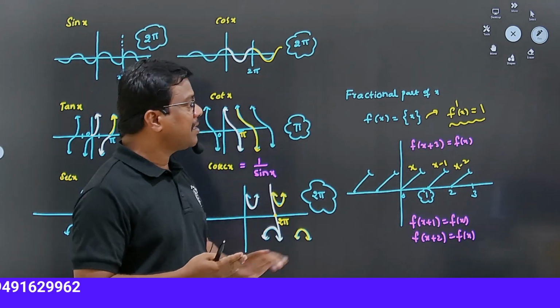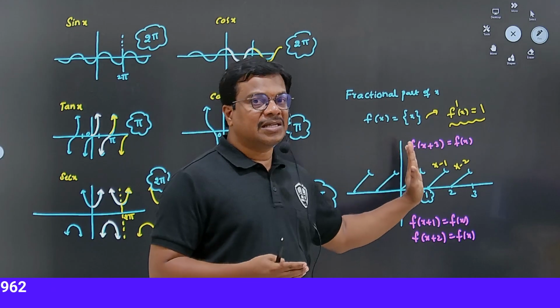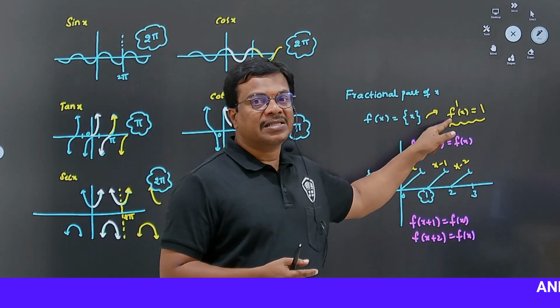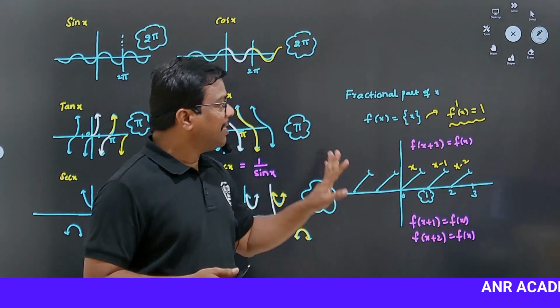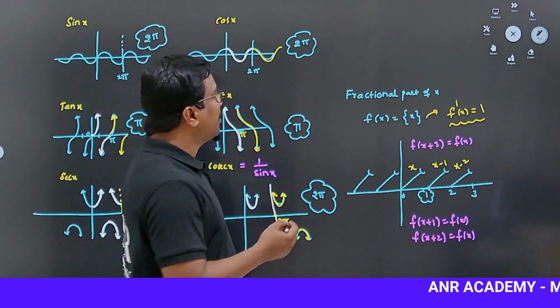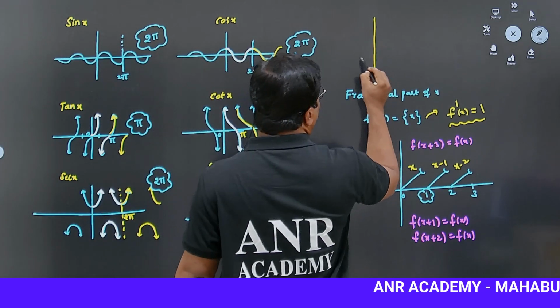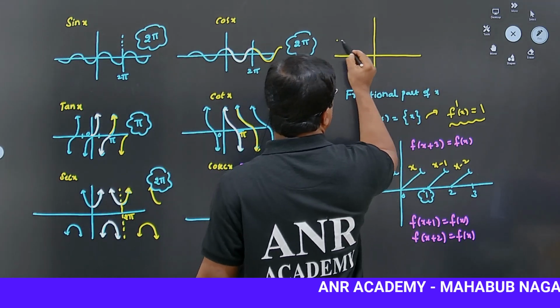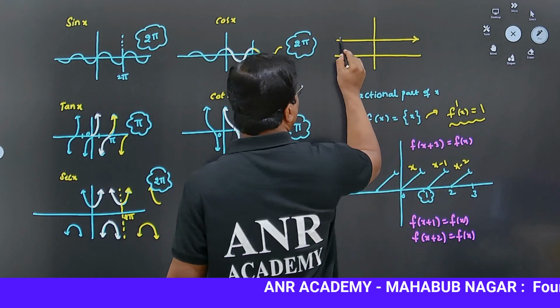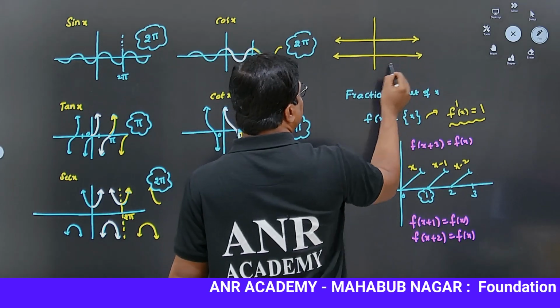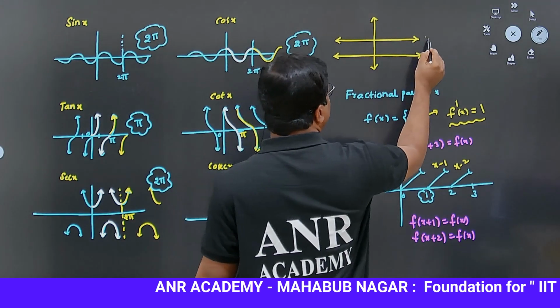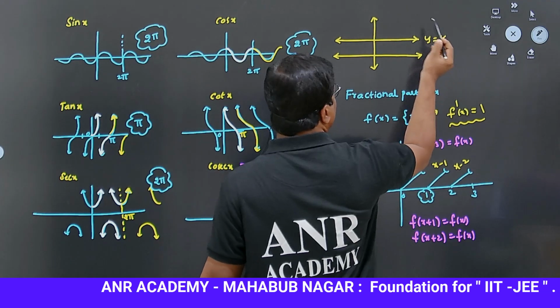Derivative f dash of x, in all the cases, is 1 clearly. When the function is a constant function, you know that it indicates a line parallel to the x-axis. Y equal to constant is a line parallel to the x-axis.